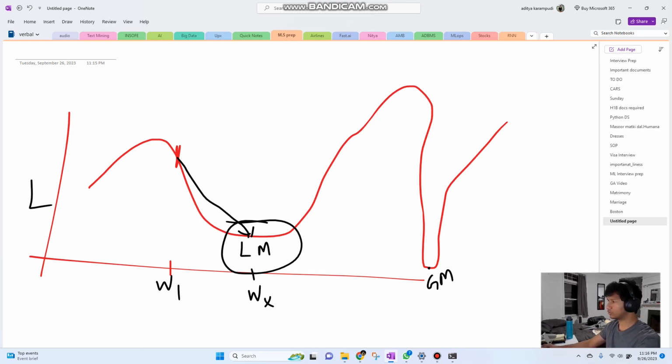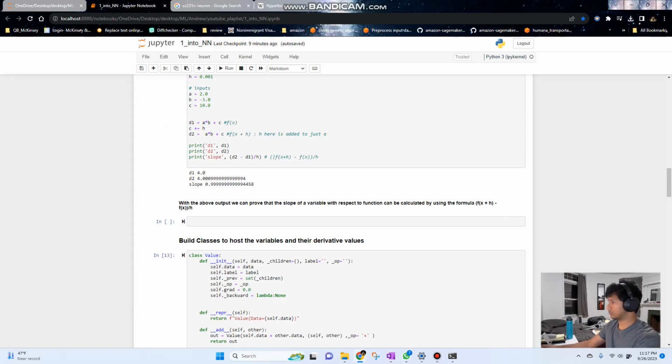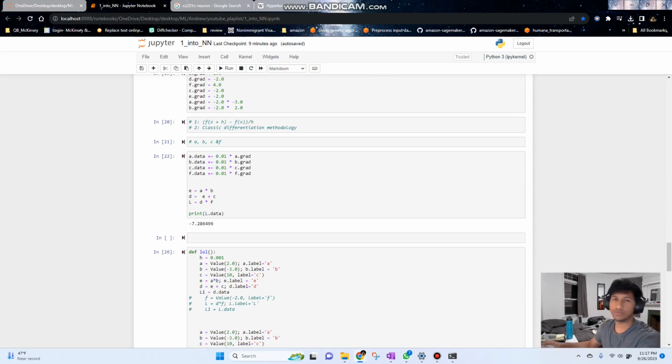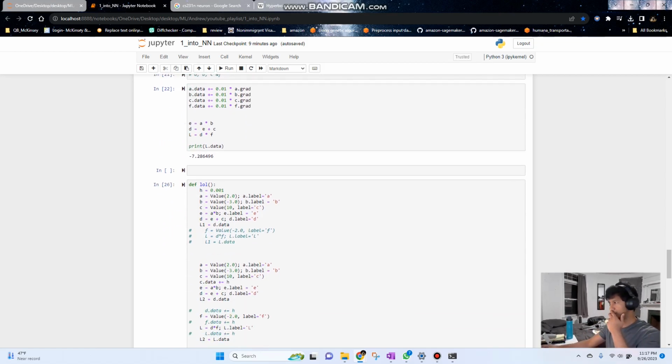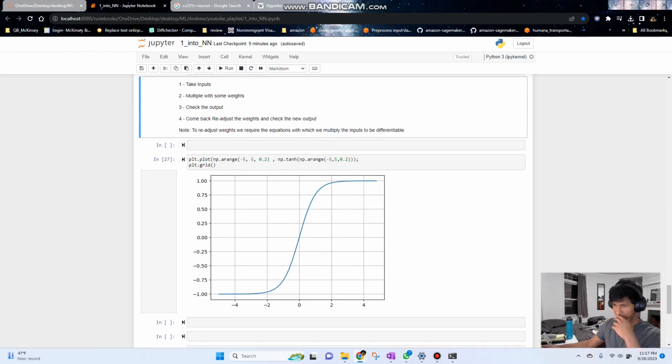Hence, in order to reach from here to there, we need to have differentiable functions in our mathematical equations, and we can essentially have any mathematical equations that are differentiable. So going back to our lecture today, one of the differentiable functions that I would like to talk about is the activation function. They basically add non-linearity to our linear multiplications so that it enhances the properties of the neural network.